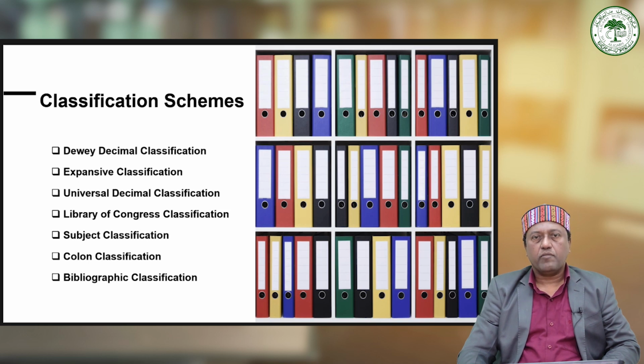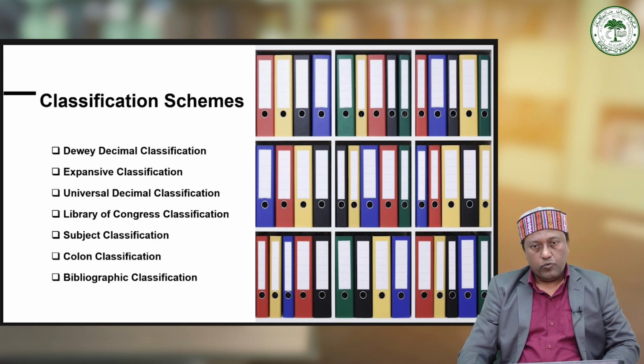We have so many schemes of classification, but any library, just before technical processing of any document, or as a matter of policy, should decide which particular scheme of classification they are going to follow, which code of cataloging they are going to follow, and what tool they will be using for standardizing the subject headings, whether they are going by the Sears list or by the LCSH list.